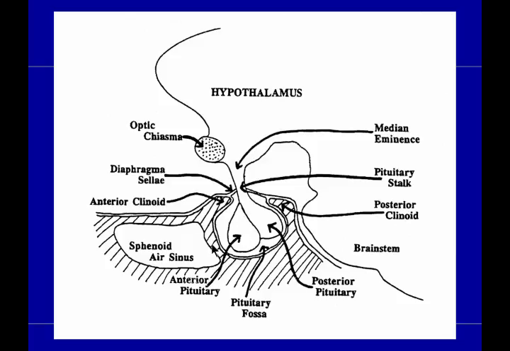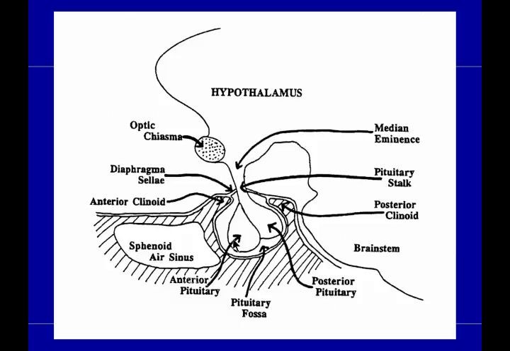In the sphenoid bone is the sphenoid air sinus, which is, as you can see, and we'll see it later in other views, a critical anatomical structure because it allows us ready surgical access to the pituitary fossa. The anterior and posterior walls of the pituitary are bony, as reflected here.